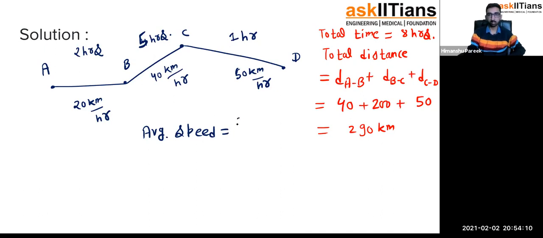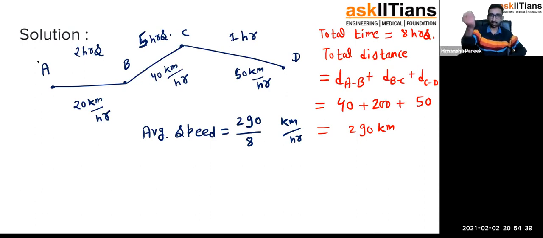So total distance is 290 and total time is 8 hours. So kilometer per hour, that's the unit to measure the speed. Kilometer per hour, meter per second, feet per second, whatever you use, depending upon the scale which you use. So A to B, B to C, C to D, the entire information was given, right?